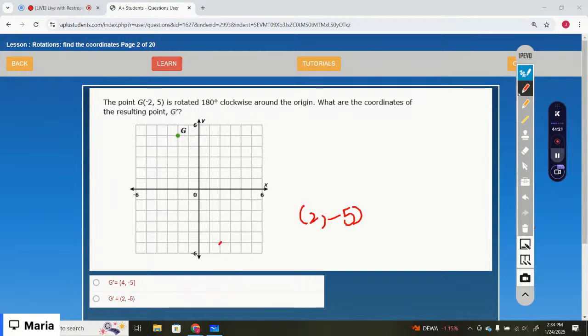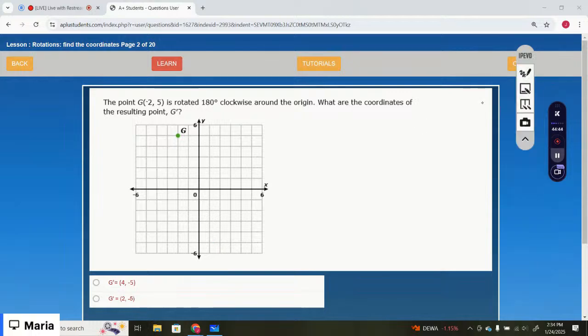The new coordinates are 2 and -5. Option number 2 is the correct option.